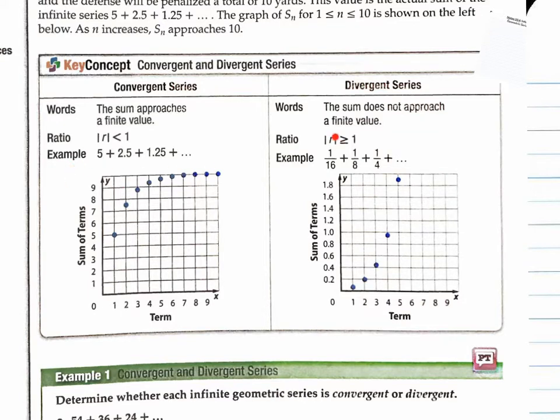If your common ratio is greater than or equal to 1, then it's going to diverge. What does diverge mean? It's going to go away to infinity, right? Could go to positive infinity, negative infinity, kind of like an exponential growth function. And once again, back when we did exponential growth and decay functions, if the growth factor was less than 1, it was a decay, which means it would decay to a certain asymptote value.